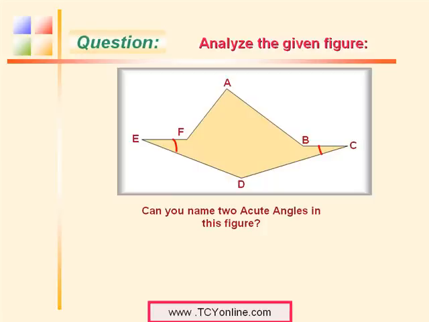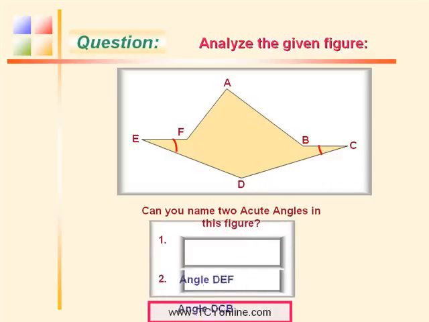Similarly, angle DCB appears to be an acute angle because it has measure less than 90 degrees. So we can say that two acute angles are simply angle DEF and angle DCB.